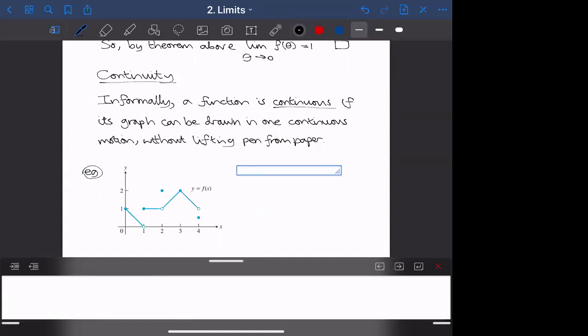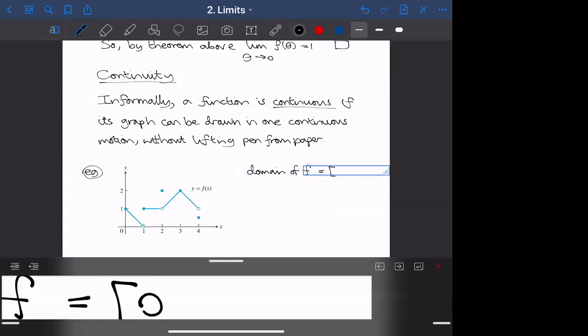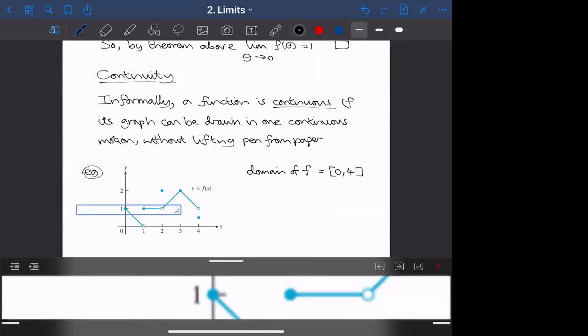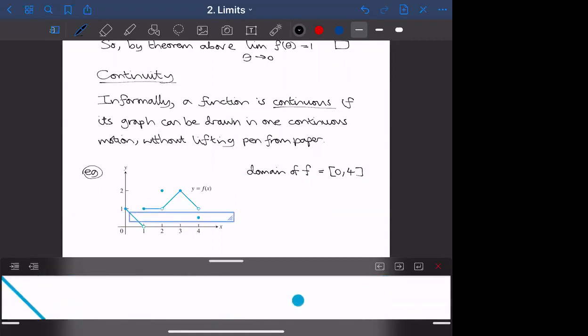So the function defined by this graph has domain the closed interval from 0 to 4. We can see that it's defined at 0, and it's also defined at 4.